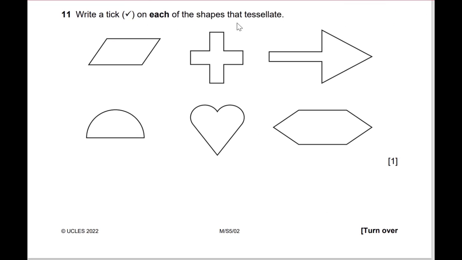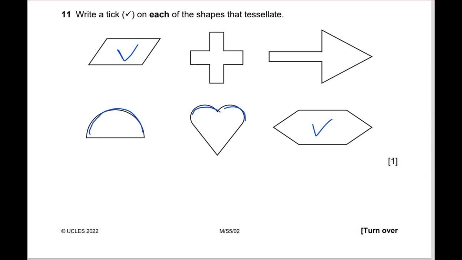On each of the shapes that tessellate, we have to check which one can tessellate. It can fit without leaving any space. So it will be this one and this one. A circle does not really tessellate, nor does any curving line or shape.